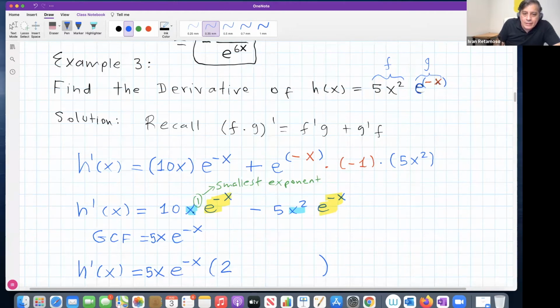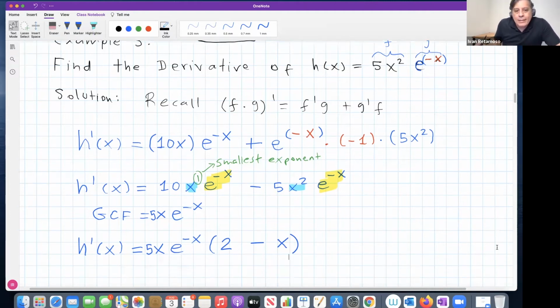Now better. x into x, 1. e raised to minus x into itself, 1. Minus, minus: 5 into 5, 1. x into x squared is x, and e to the x into e to the x is 1. So this is it, right? Let's shorten this. We don't need this anymore. This is your answer in factored form.